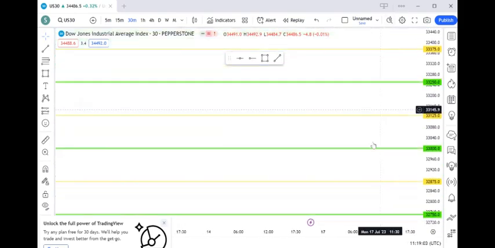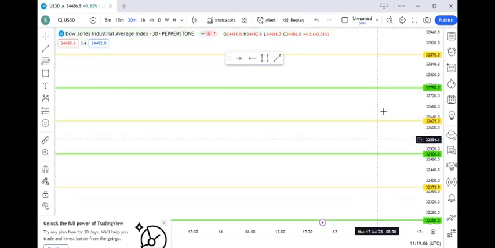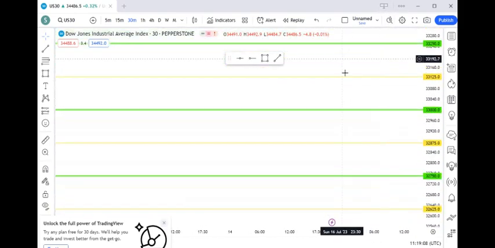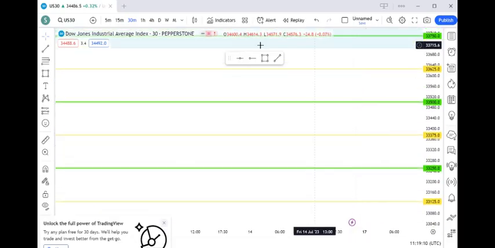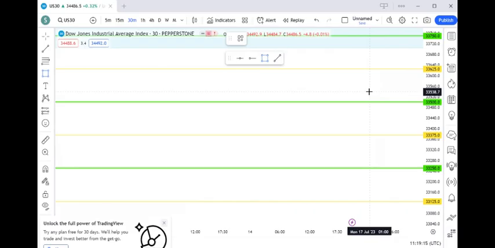I've got a lot of key levels here, but I'm not going to do all. This is just to show you all how to do it. 45. 55.